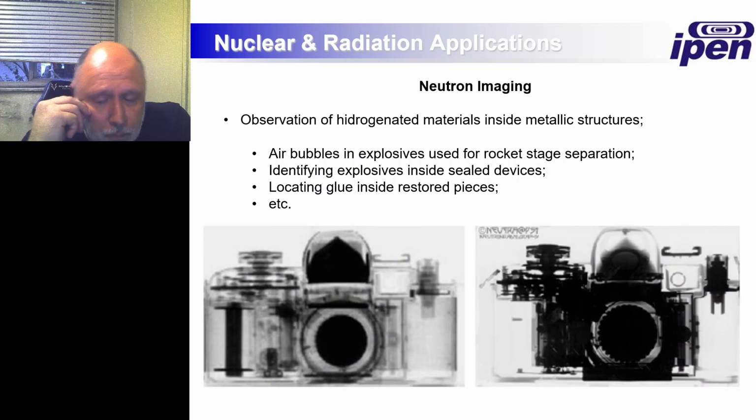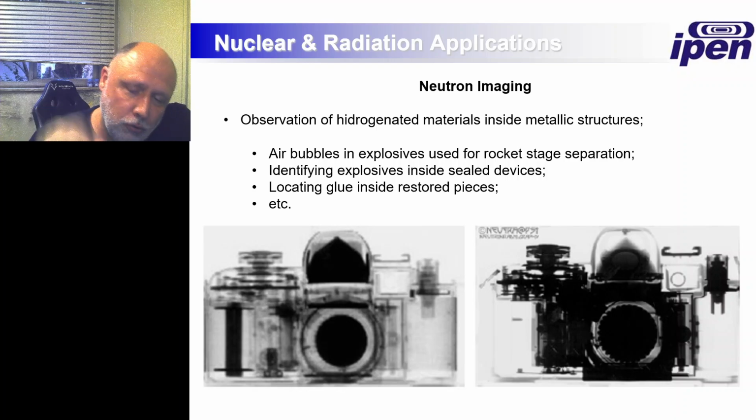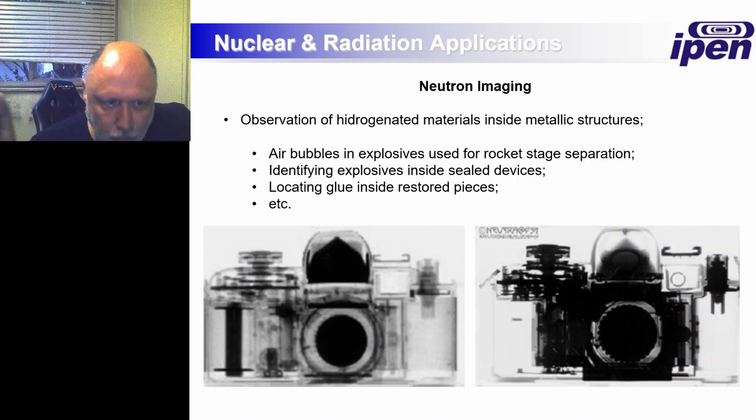But neutrons interact strongly with hydrogen, and explosives usually have a lot of hydrogen, and they will cross metal quite easily. So if you do an irradiation with neutrons, you will see the gunpowder or the explosive, and then you can see if there are bubbles, if there are defects of some kind.